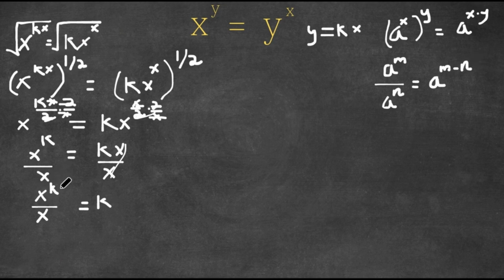So right here we have x to the power of k over x to the power of 1. This is the same thing as x to the power of k minus 1. And this is still equal to k.